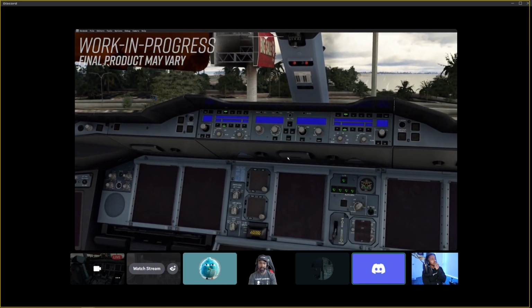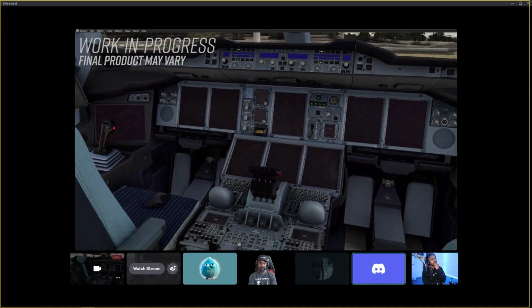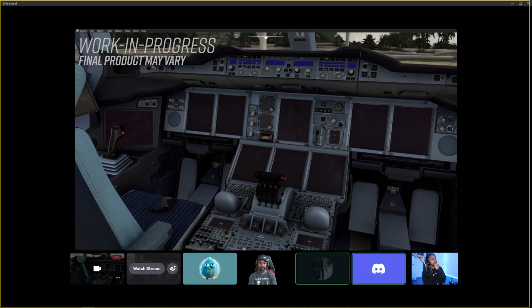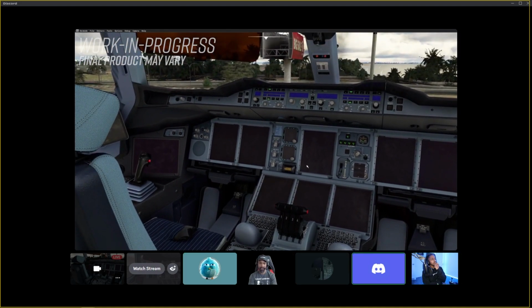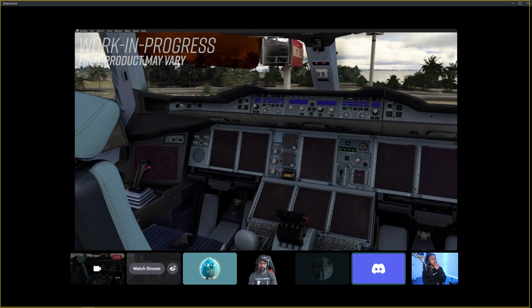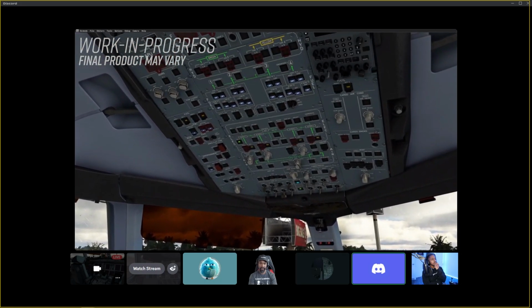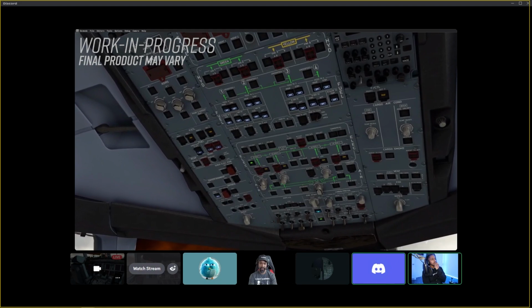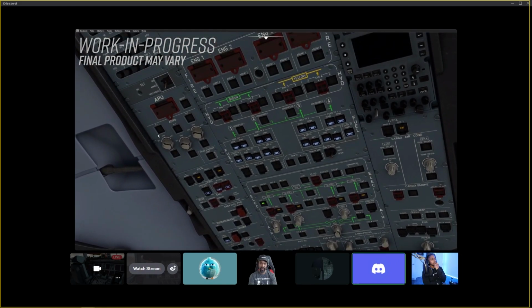If you look at the Neo, you will see for the aileron, for example, you will see those go up because there is less pressure above them, so it will suck the ailerons up. So visually you will see it, and you will see those up also on the flight control page. And so this is all the same stuff we just ported to the A380. So everything will react physically to the hydraulics.